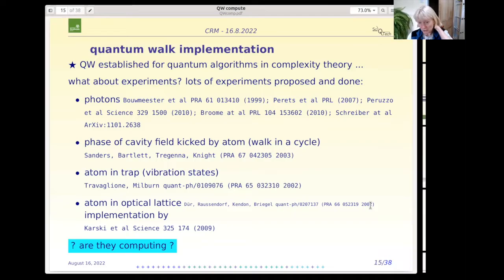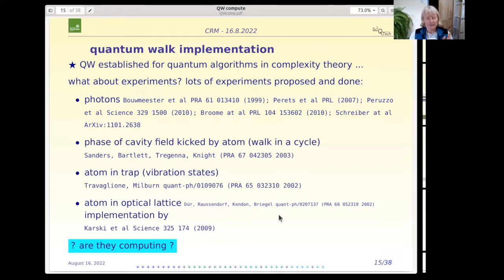It was a good year for quantum walk development. And then 7 years later, Karski et al., which is Dieter Meschede's group in Bonn, implemented this in a Science paper.